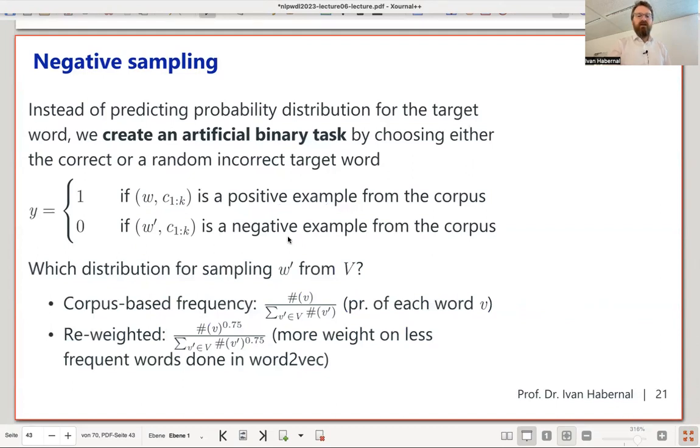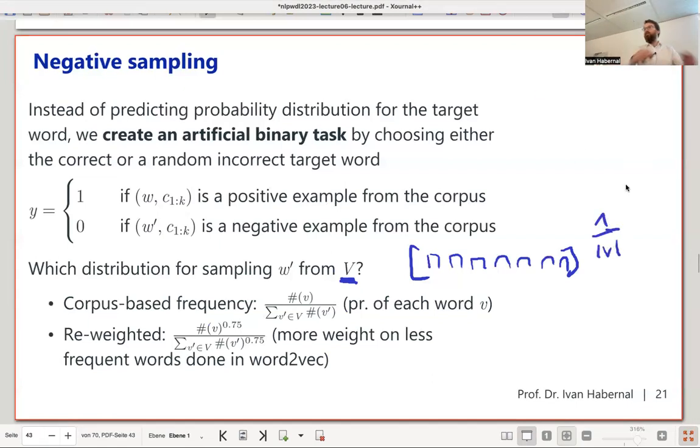How do you sample? You can take the vocabulary and take a uniform distribution, so each word will be sampled with the same probability. But in this case you run into trouble, because with probability 1 over V you can pick any word, and it will be like you switch dog with wolf. So you don't want to do that.